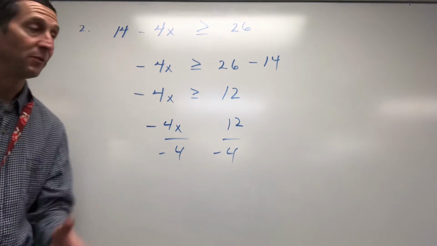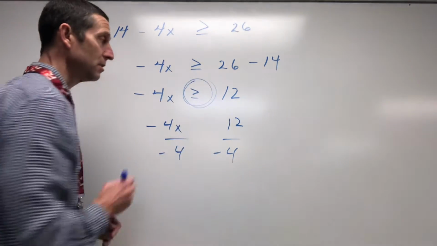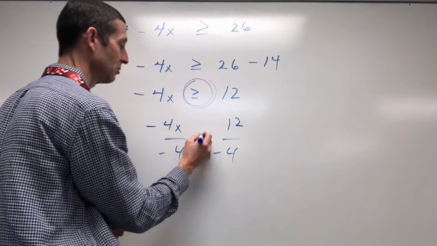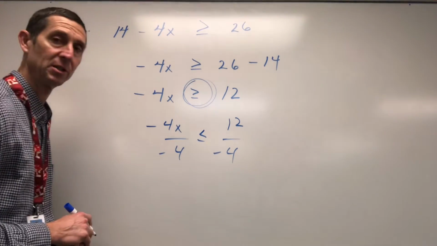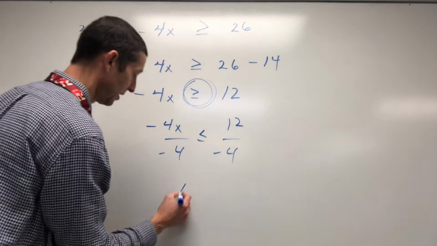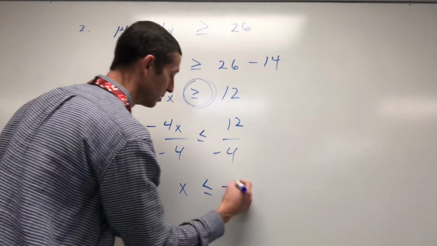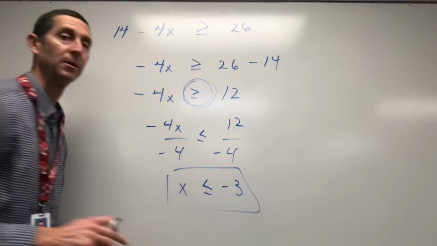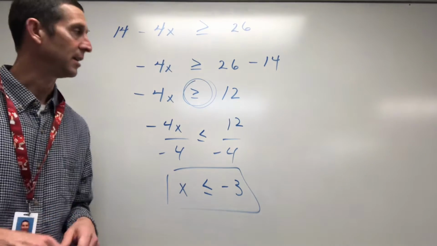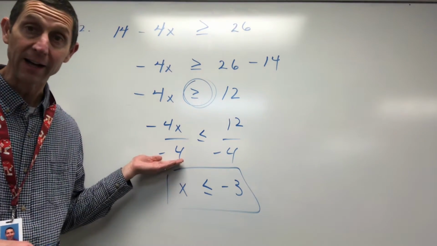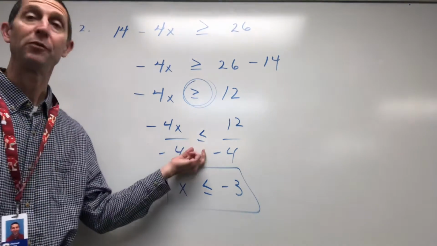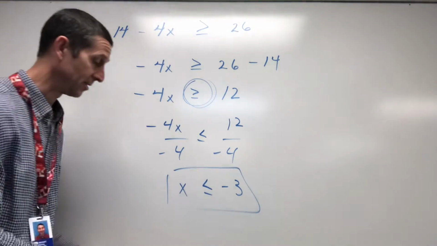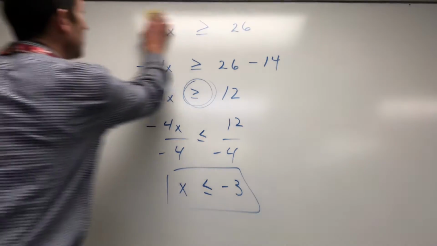So if you divide by a negative, dun dun dun, you have to change this sign. So it was greater than or equal to, and now it changes to less than or equal to. So x is less than or equal to negative 3. So the main rule of inequalities: anytime that you multiply or divide by a negative, you've got to flip the sign, change the sign. All right, two down.